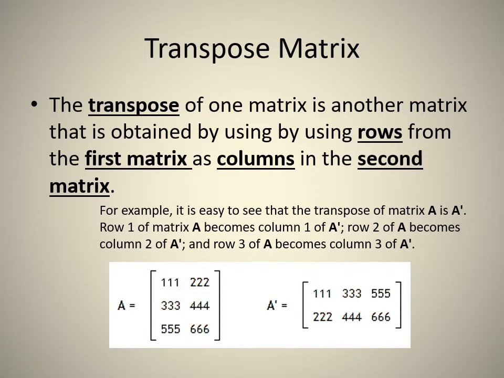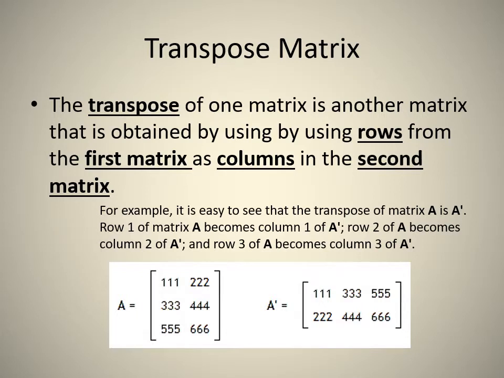Something else that we need to take cognizance of and know is the so-called transpose of a matrix. Now, the transpose of one matrix is another matrix that's obtained by using rows from the first matrix as columns of the second matrix.